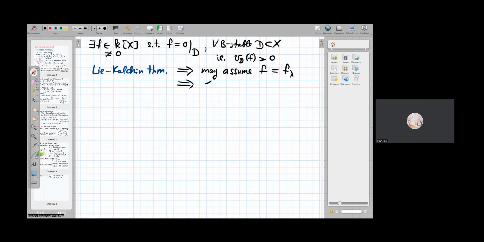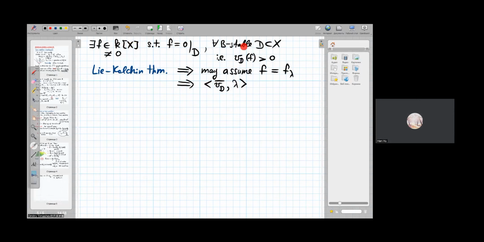Let me repeat again. Let us consider the vanishing ideal of the union of all these divisors. This will be an ideal in this coordinate algebra.